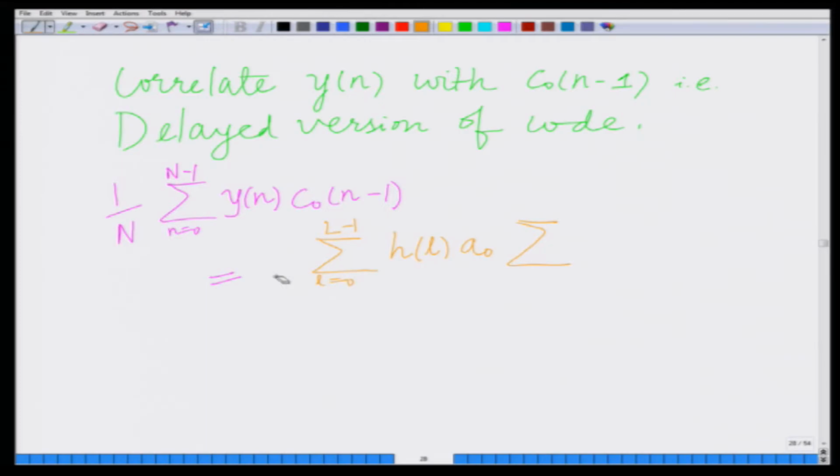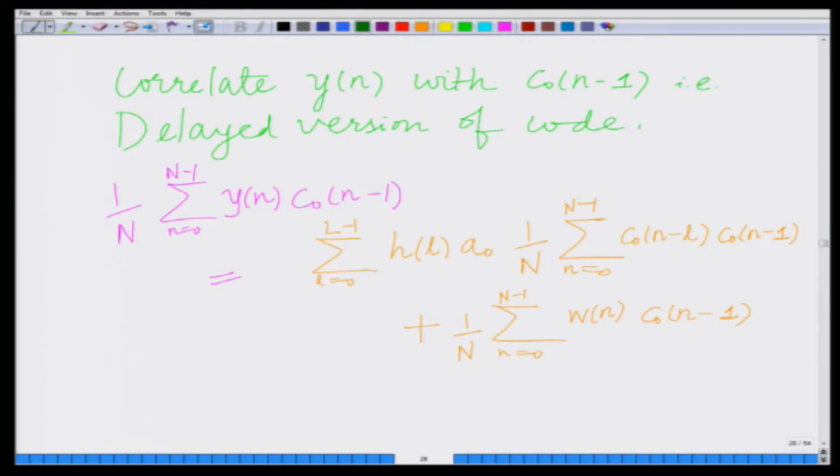I will take the 1 over n factor inside, so this will be 1 over n summation n equal to 0 to n minus 1 C naught n minus L C naught n minus 1, plus 1 over n summation n equal to 0 to n minus 1 W n C naught n minus 1.